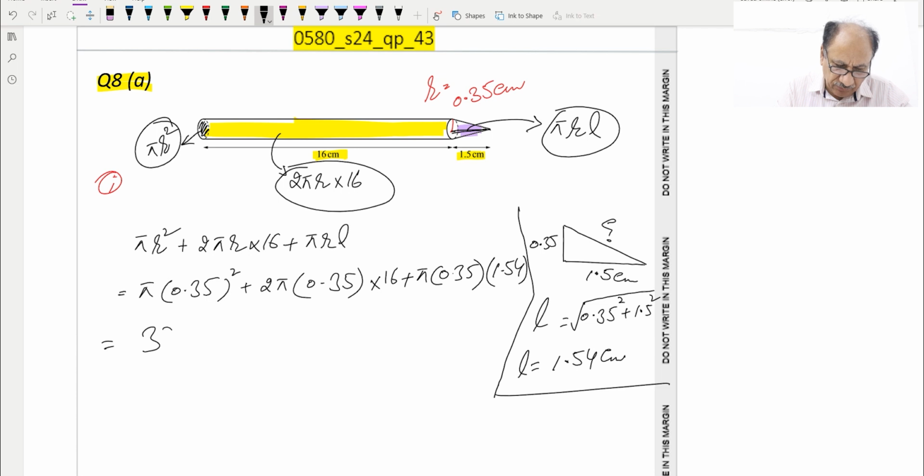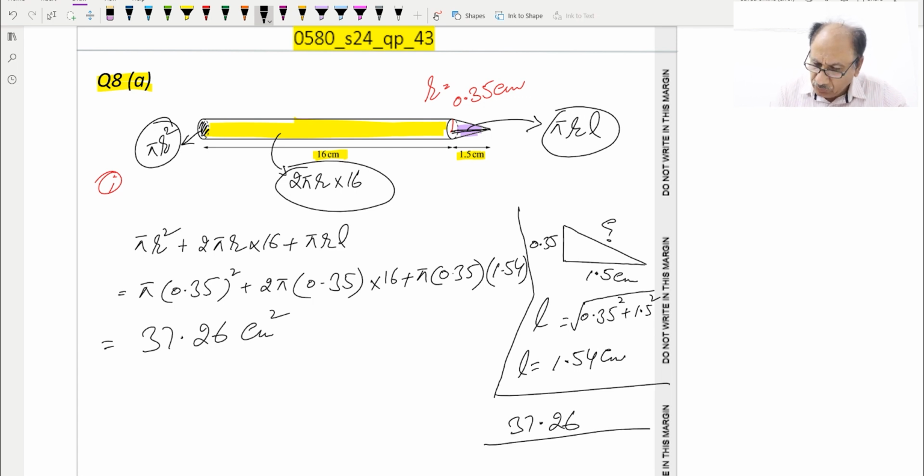So 37.26 will be our answer, in centimeters squared. Answer at the proper location: 37.26 centimeters squared. This is the 5 marks answer which we have provided.